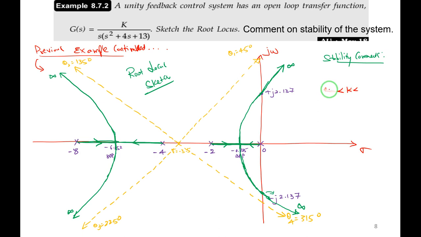For k lying between 0 to 235.099, till the marginal value of k, the system is stable. And second, for k equal to the marginal value of k, for k equal to 235.099, the system is marginally stable.